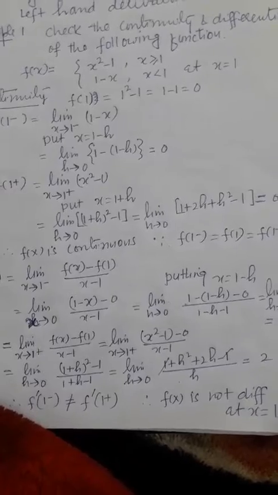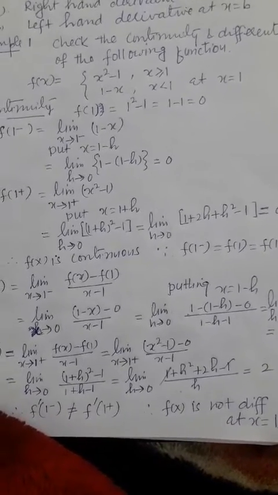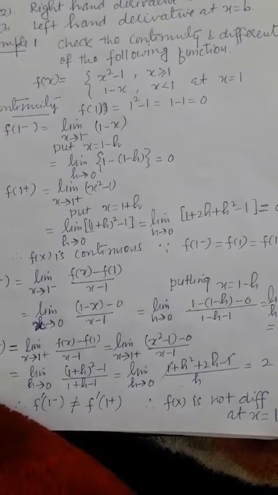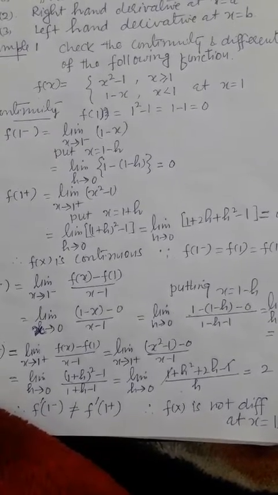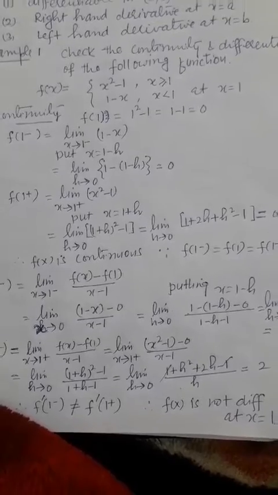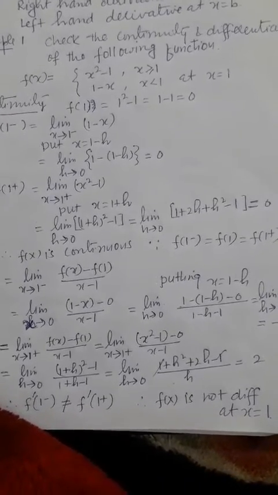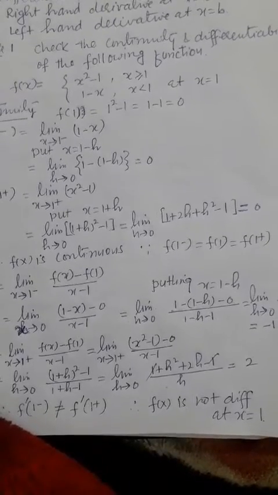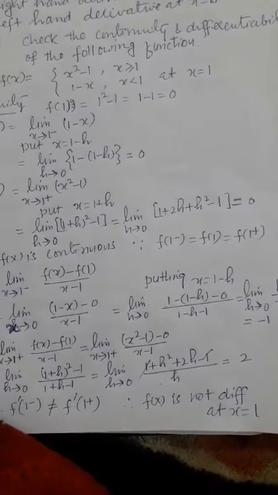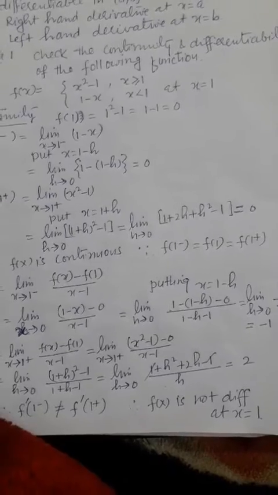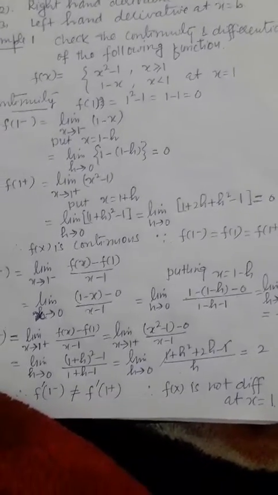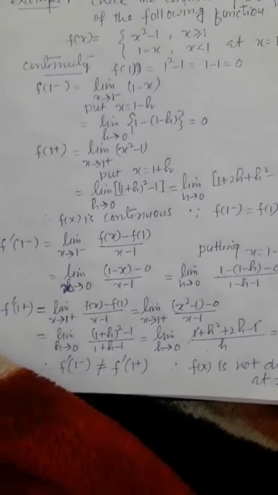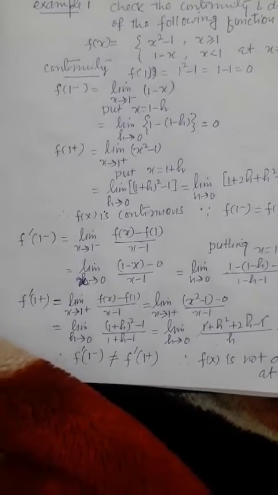So the function is continuous because the left hand limit of the function at 1, the right hand limit of the function at 1 and the value of the function at x equal to 1 are all three the same. So we can claim that the function is continuous at x equal to 1.